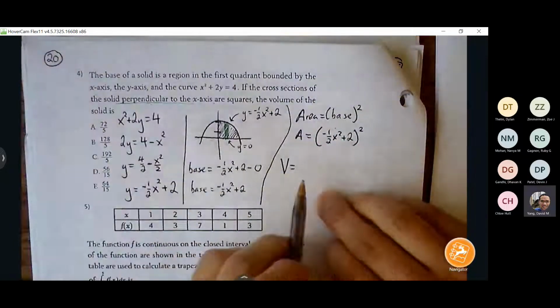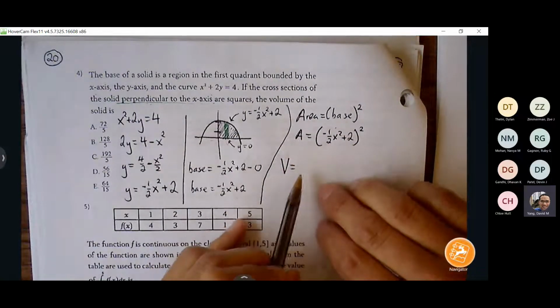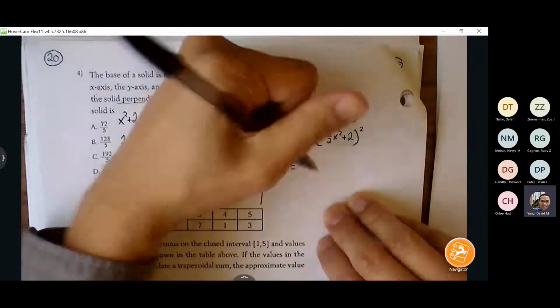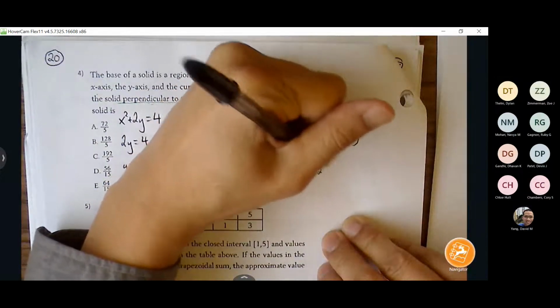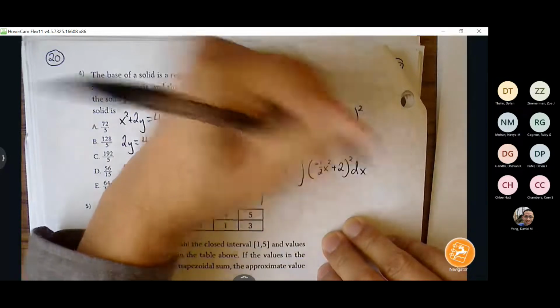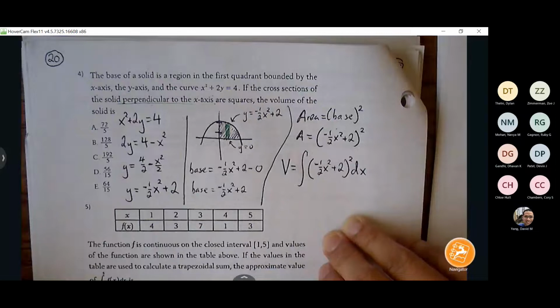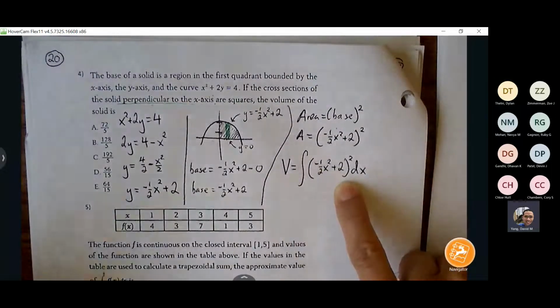No pi in front, right? We're not building circles. We're not rotating. So this is not the disk method or washer method. We don't have a pi in front, just the integral of the area. Okay, this is meant to be a calculator question. We can enter this into our calculator.